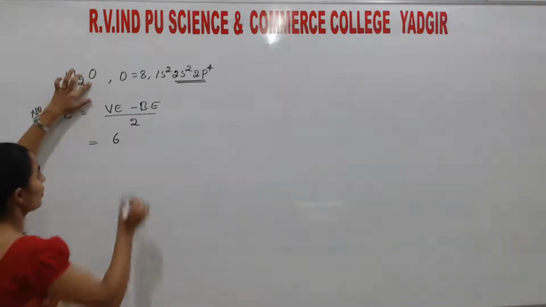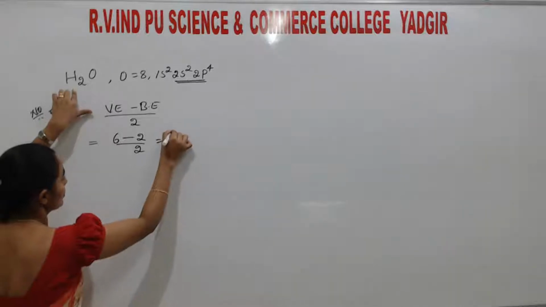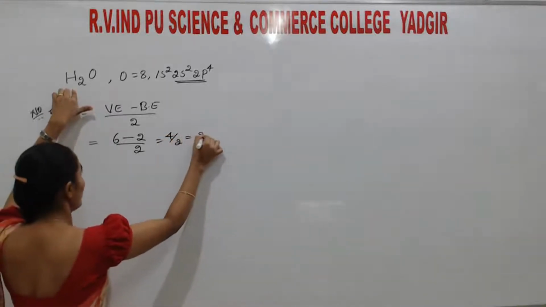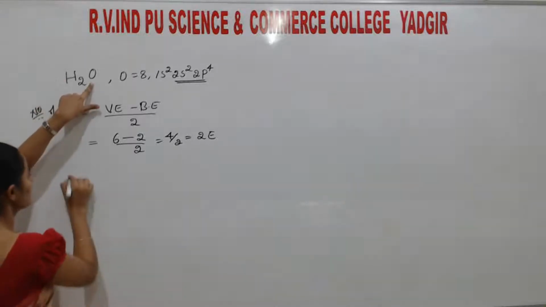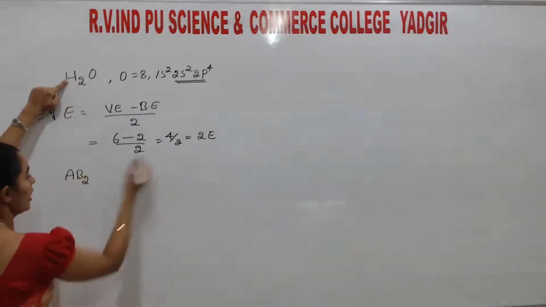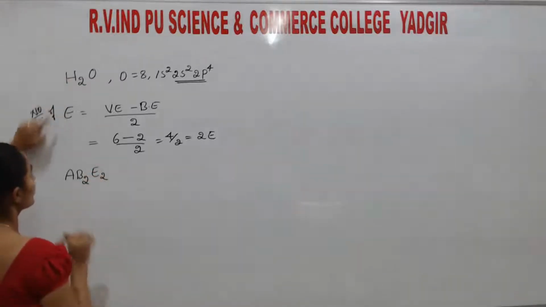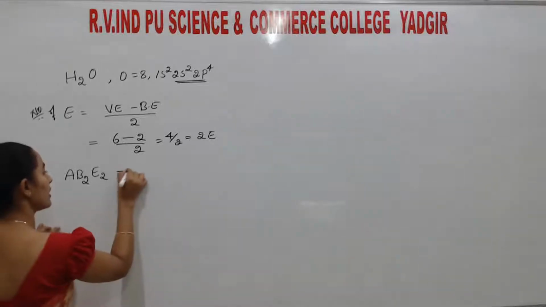Among them, how many are bonded here? 2. So 4 divided by 2, that is 2 electron pairs. And students, this is A, this is B 2 times, and electron pair also 2 times. That is AB2E2.